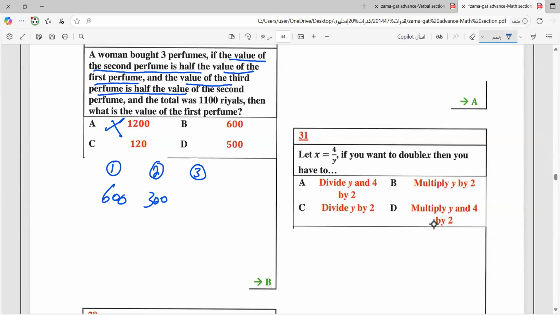Then you add it, then divide it by the amount. And the second perfume is half of the volume, so half would be 150, right?